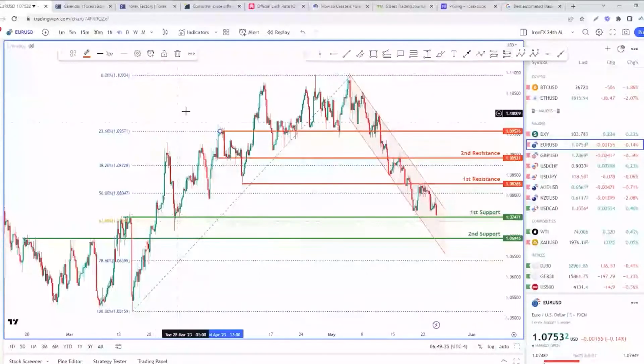You start from the top using the daily or 4-hour time frame to identify potential resistance and support areas or levels, and then zoom in onto the lower time frames and perform your other technical analysis in those time frames. Okay, so as you can see, 23.6% was acting as a pretty decent level of support.